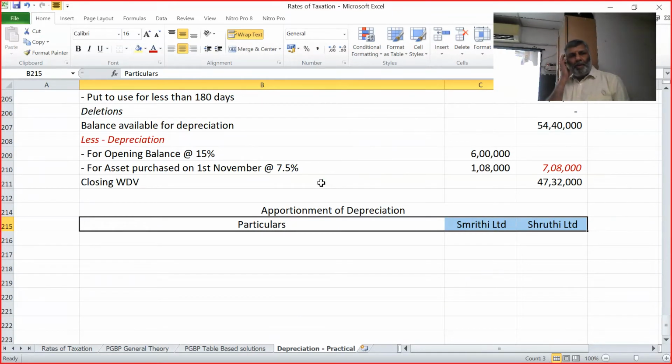Apportionment of depreciation. What is the method of apportioning depreciation? Can you read it, please, the last line in the material, the theory.